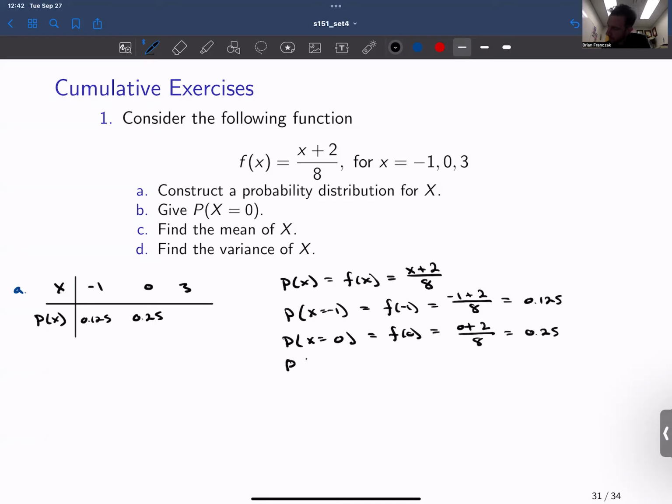And the probability x equals 3 is equal to f of 3, which is 3 plus 2 over 8, which is 0.625.